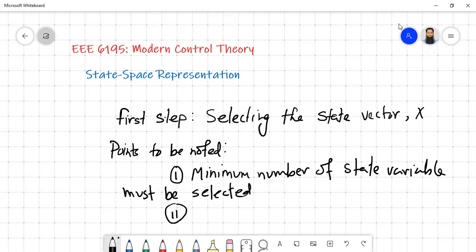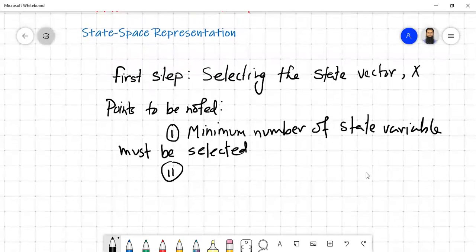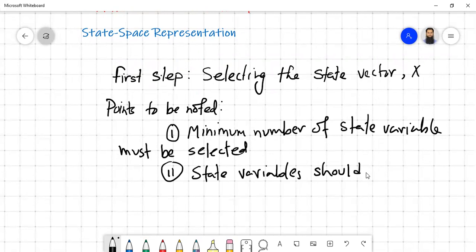And secondly, the components of the state vector, that is the state variables, should be linearly independent.